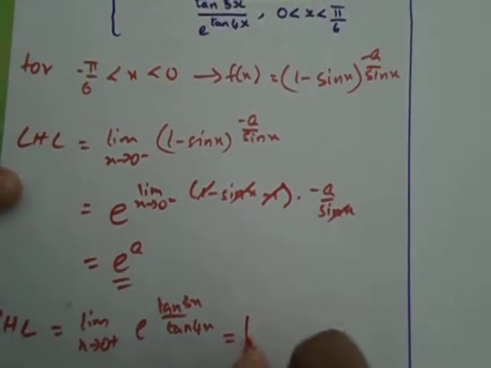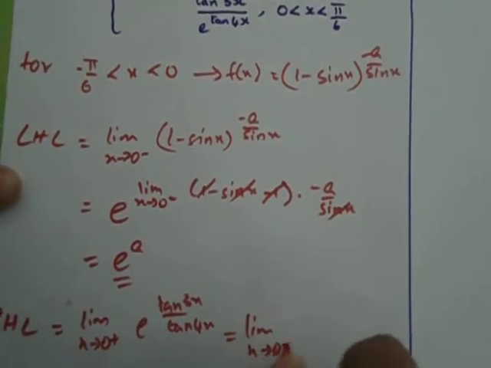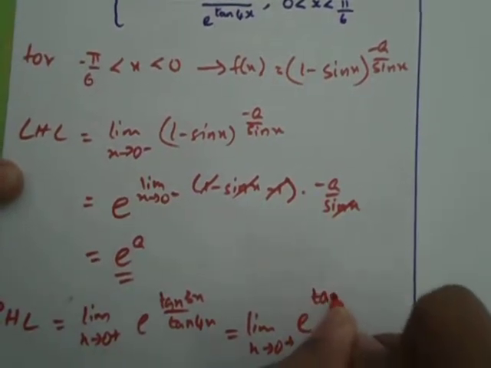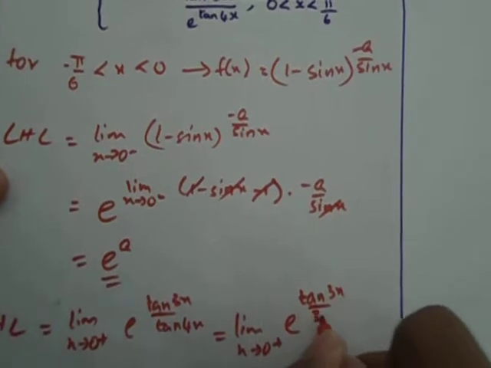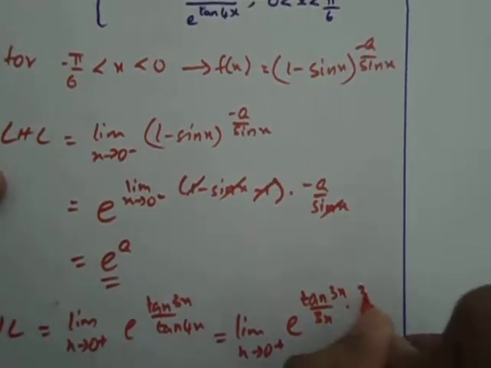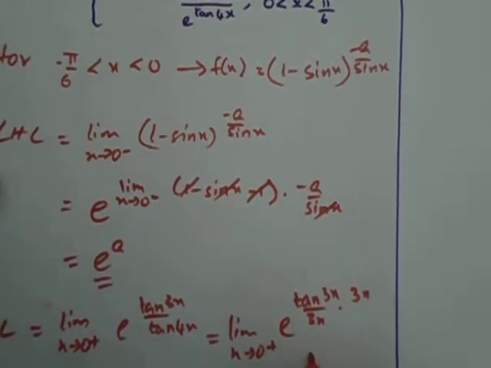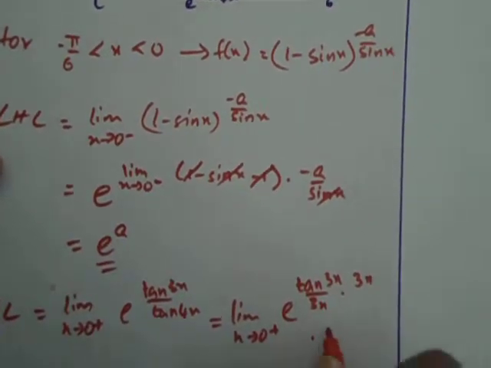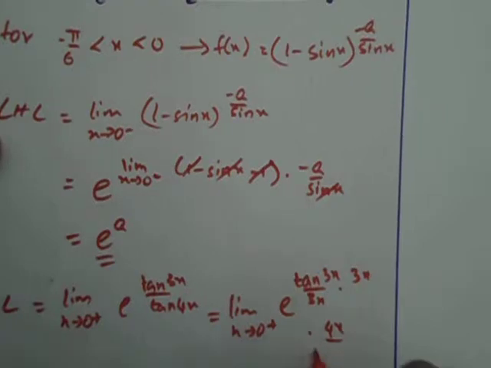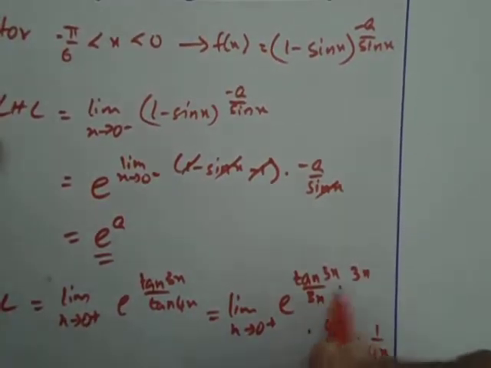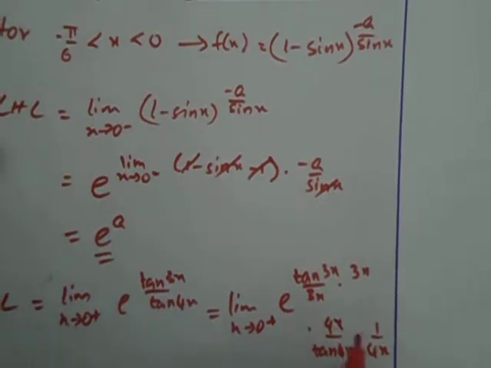That gives us limit x tends to 0 plus e power tan 3x by 3x into 3x into 4x by tan 4x into 1 by 4x.